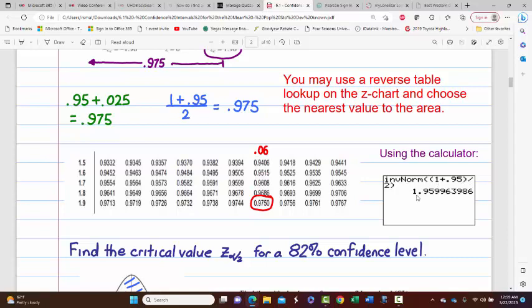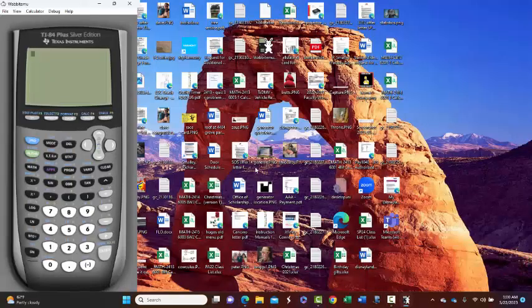A lot of times people don't use parentheses and they go, why am I getting these wrong every time? It's because they're just putting in 1 plus 0.95 divided by 2 without the parentheses. So here it is with parentheses. Actually, you can just put 1 plus 0.95 is just 1.95, but always just do it this way.